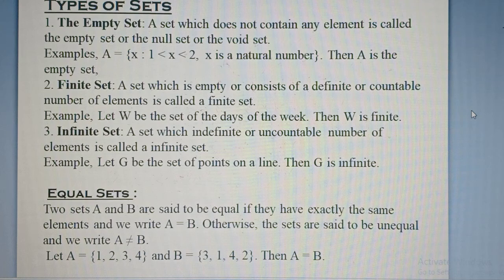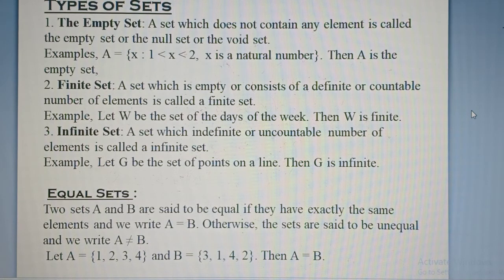A set which does not contain any element is called an empty set, or null set, or void set. So students, the set which has no element, but it is a defined set.